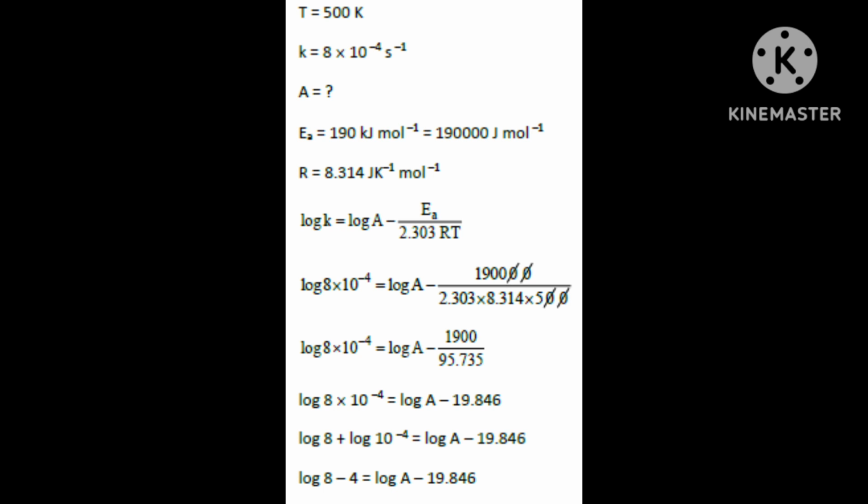The data given: when time is 0, the total pressure is 0.5 atm, which is the initial pressure, and at 100 seconds the pressure is 0.512 atm.